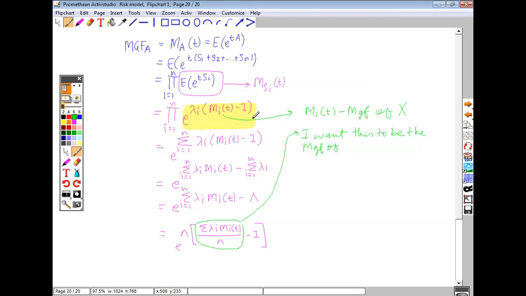for which we had derived this MGF. So here I'm adding up S's. So now I want this thing to be the MGF of S, right?